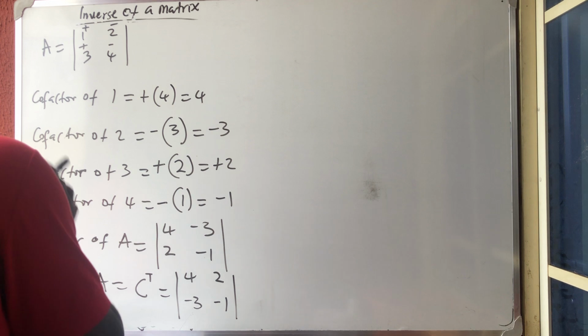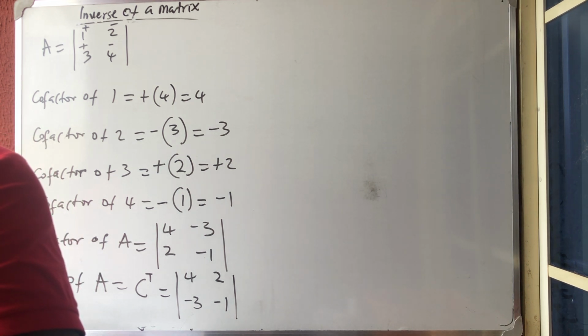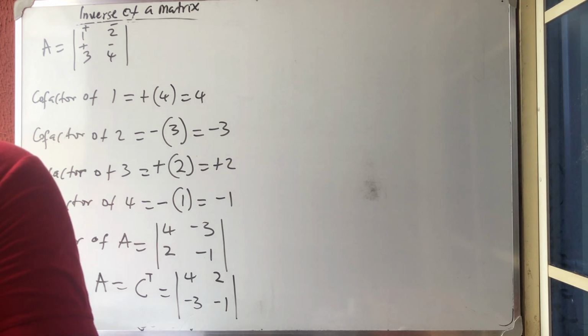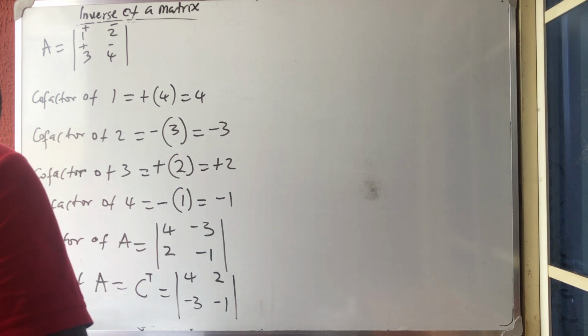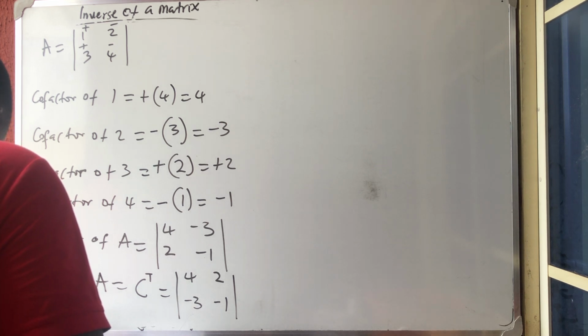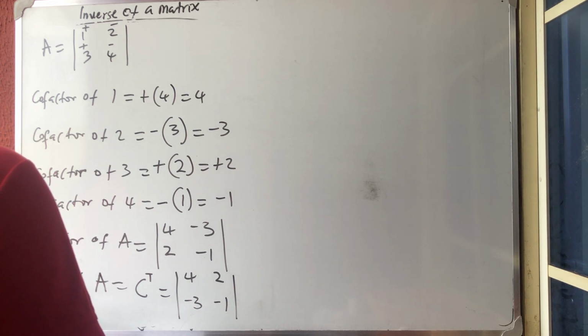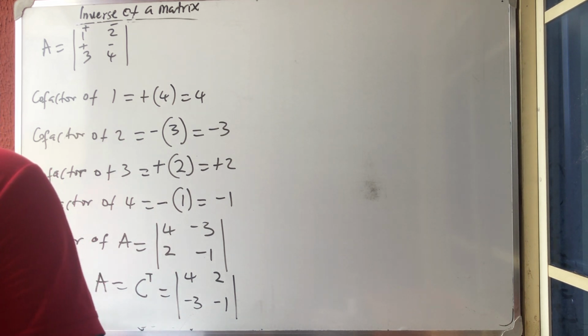Let's ensure we didn't make a mistake anywhere. Let's check the cofactor of the 2 by 2 matrix to know if there is a mistake somewhere.